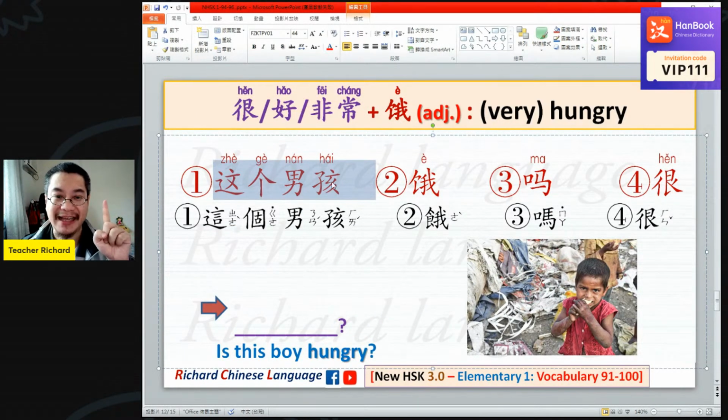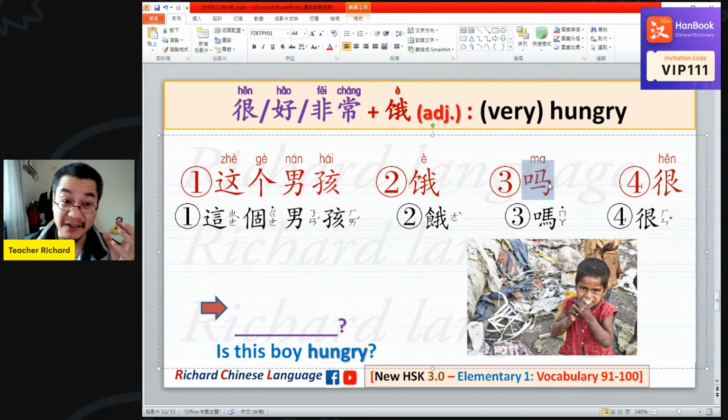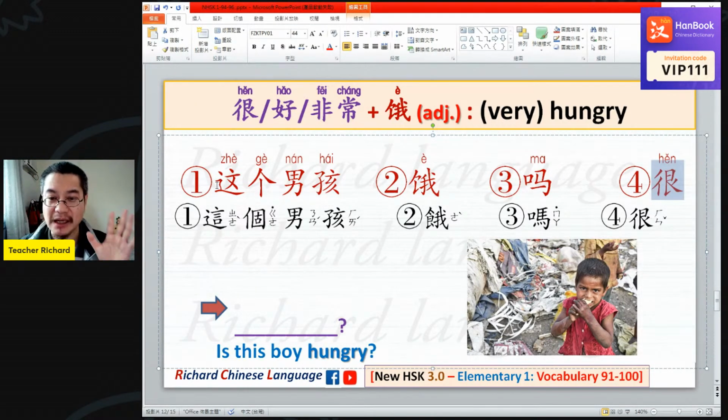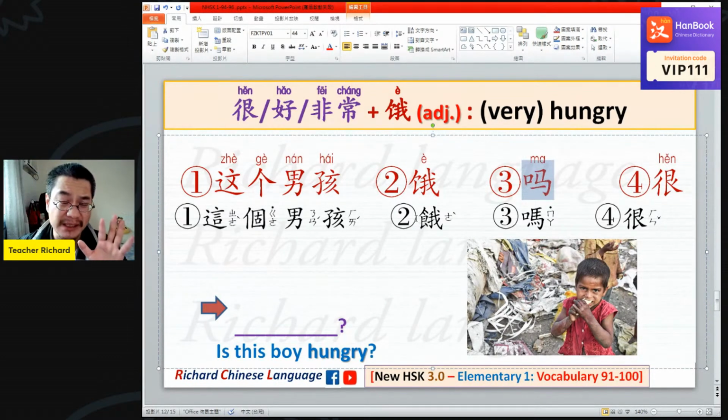这个男孩很饿吗? 吗 is a word to form a yes/no question at the end of the sentence. 这个男孩, this boy. 很, very, is a function word to form an adjective. 饿, hungry.